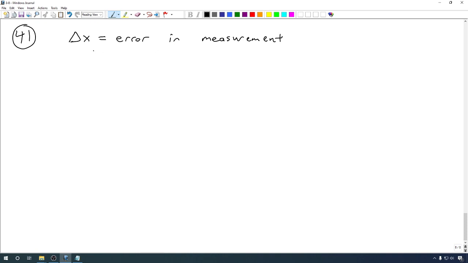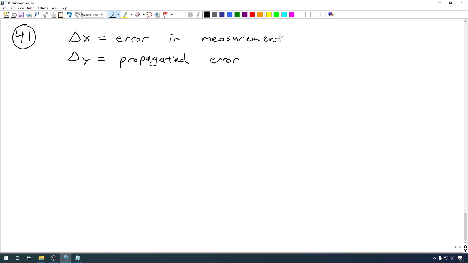The propagated error, this is what our delta y is, can be approximated by the differential dy. So, of course, delta y is the exact value of the error. dy is going to be our approximation. That's going to be a little easier to calculate.